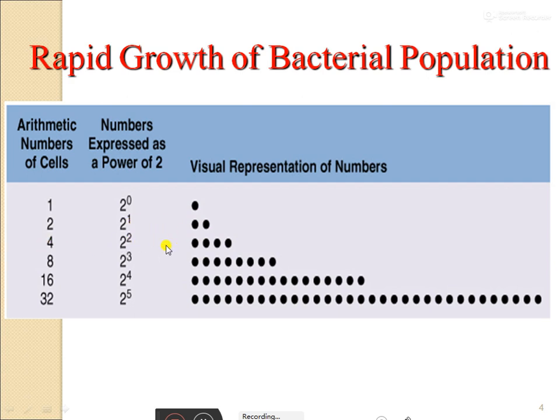In the third generation, these two cells will give rise to four cells, then 4 to 8, next 16, 32 and so on. This is how bacteria grow exponentially, and the time required to grow from 16 cells to 32 cells, or from 4 cells to 8 cells, or from 2 cells to 4 cells, that time required to replicate the bacteria is called generation time.